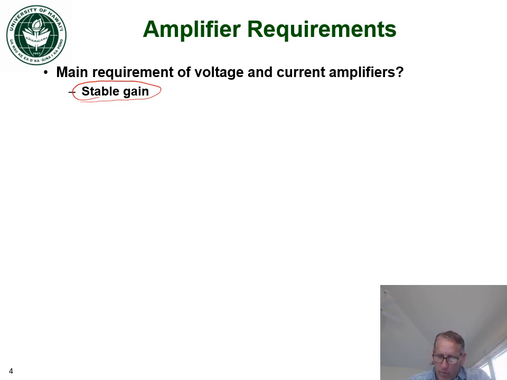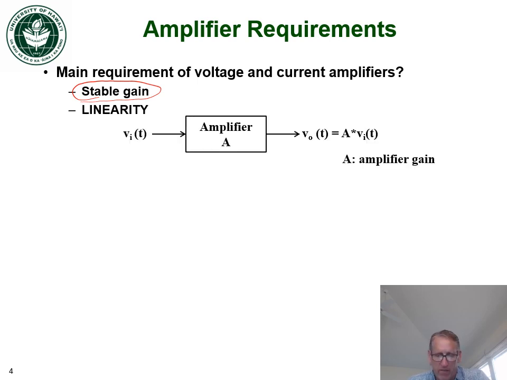The second thing we want turns out to be something called linearity. If we put an input signal in, we want an amplified signal at the output, and we do not want it to be distorted. So the ideal amplifier here has some input, we call it Vi of t, going through our amplifier A, and our output is then going to be the gain of our amplifier A times the input.